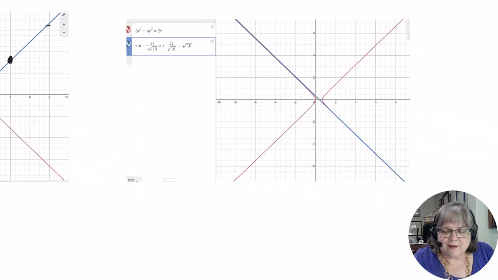And then here's the other one at 4 down here. So we had one tangent up here, one tangent down here, because we had 4 plus square root of 10, 4 negative square root of 10, right? These 2 points.